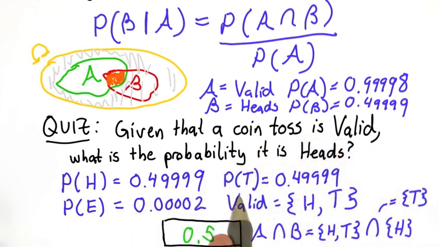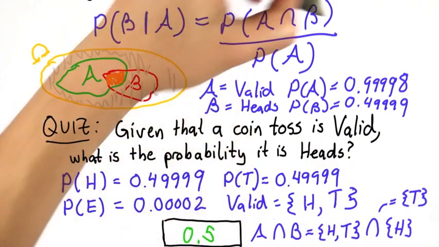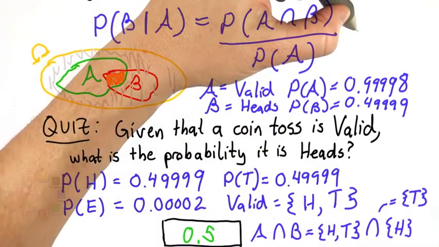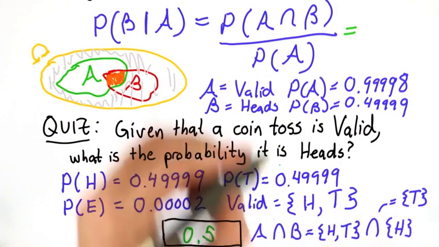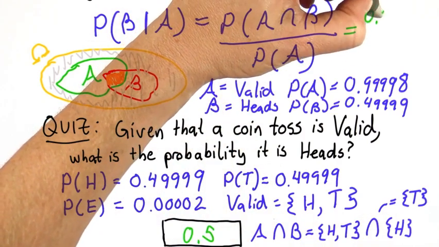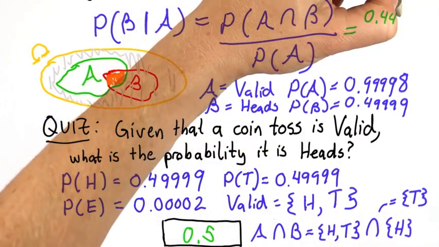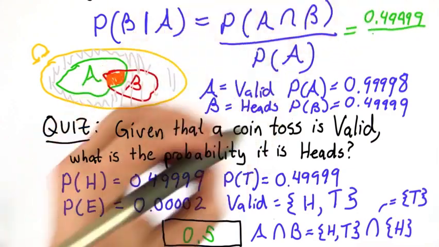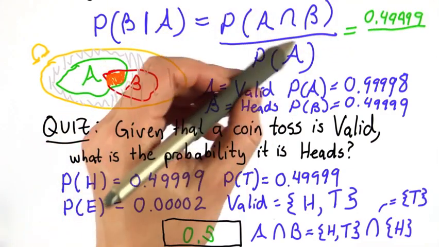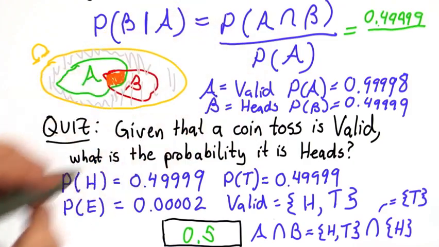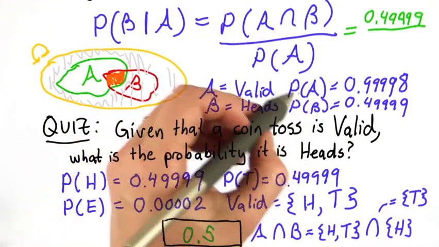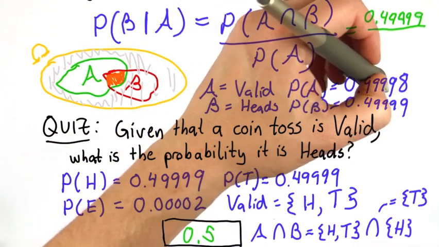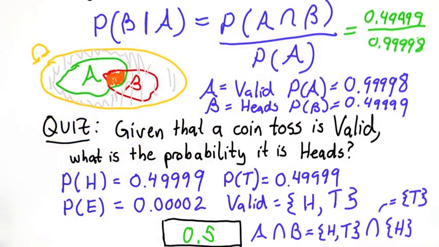And we know the probability of heads is 0.49999. So using the formula, we have the probability of A intersect B, 0.49999, divided by the probability of A, the valid event, which is 0.99998, and we get 0.5.